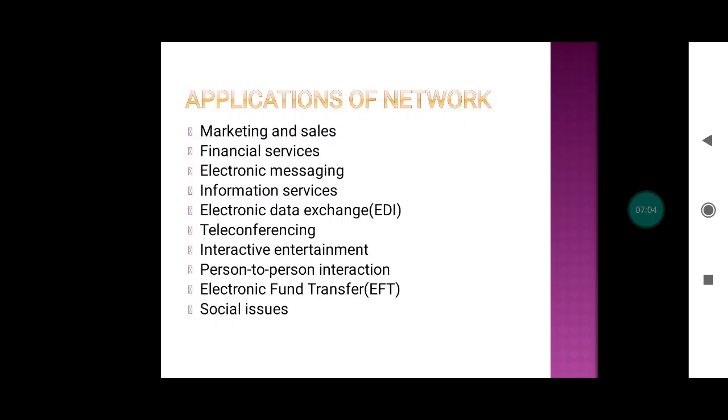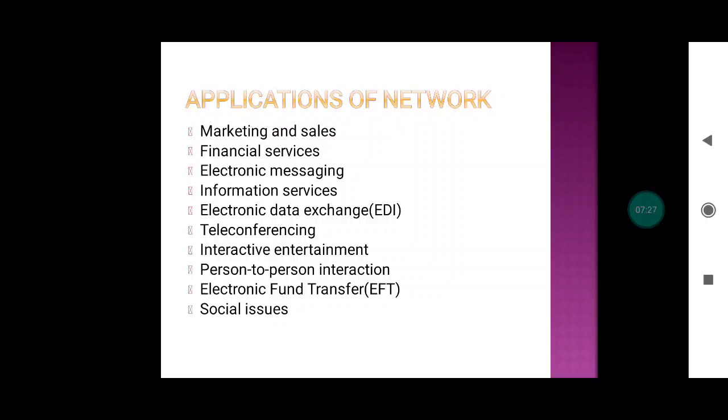Then interactive entertainment, so movies, television and internet. Using the internet we can avail various entertainment sources, like Netflix, and we use a lot of entertainment channels and movies and games also, so online gaming of course, all requires a network.